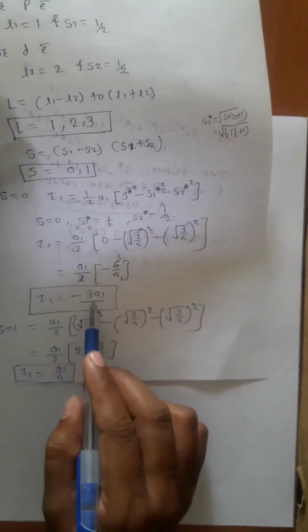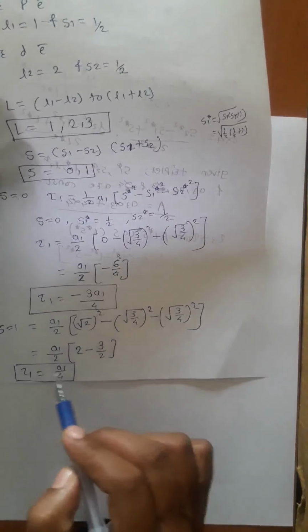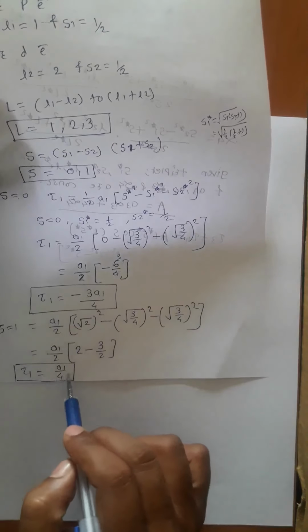In LS coupling we have 3 singlet terms and 9 triplet terms. We calculate tau 1 for singlet terms, which will be minus 3a1 by 4, and for triplet terms it is a1 by 4. Now we have to draw this structure for this PD configuration.